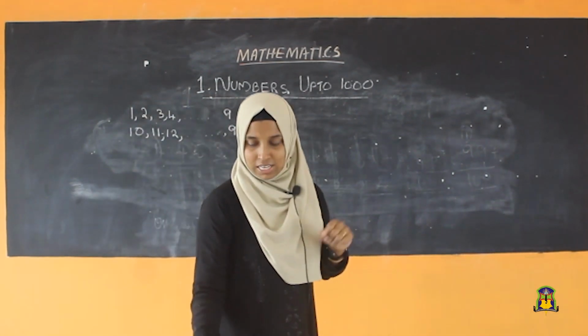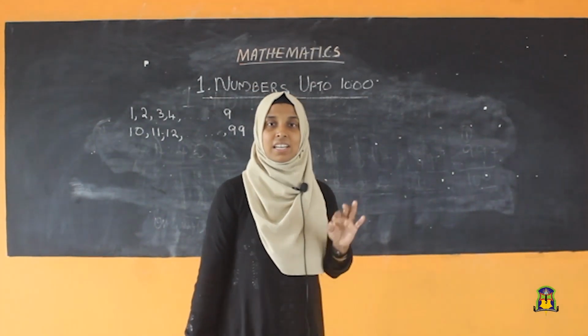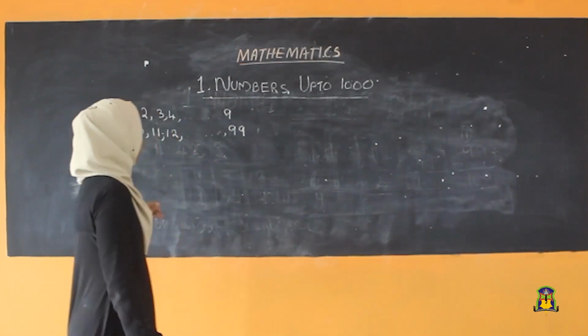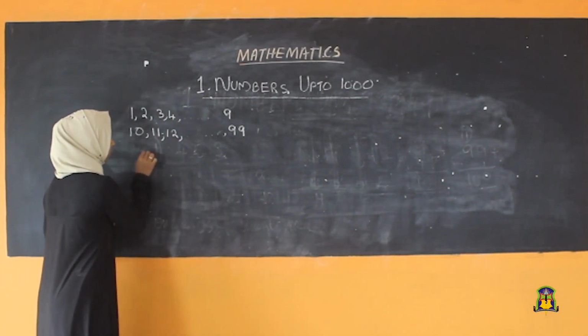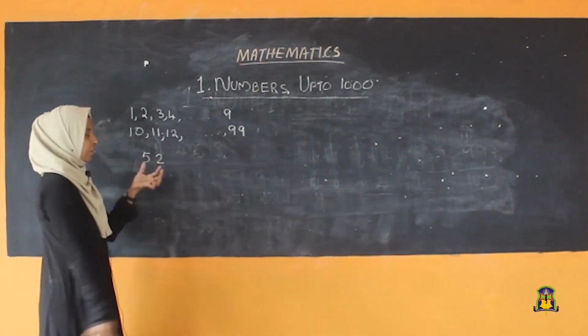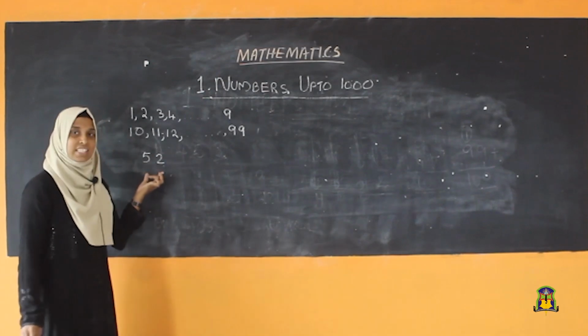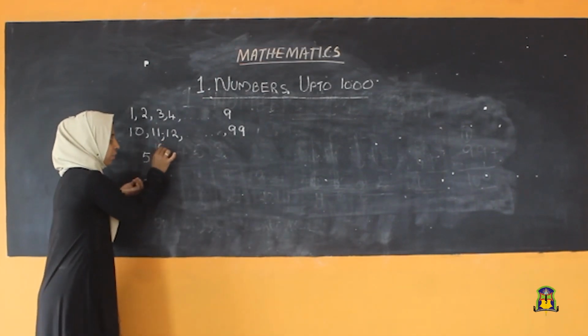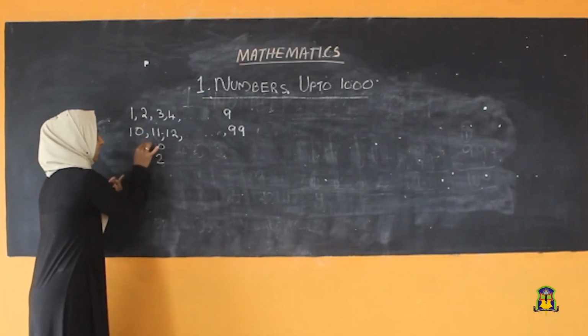Then let's see some examples for writing the number names. First I am going to write a number here. Okay children, which is this number? It's 2 in the ones place and 5 in the tens place.